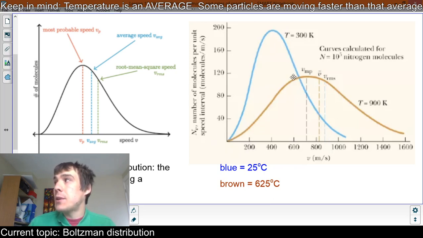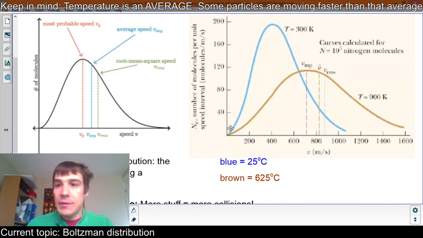This is the same particles but at 625 degrees Celsius. You can see that the average has moved up, but also there are now molecules way up here that are moving very quickly that we wouldn't be able to find in this distribution. So higher temperatures increase the speed of the particles. It also increases the proportion of them that are moving faster than the average. It makes the tail much wider.